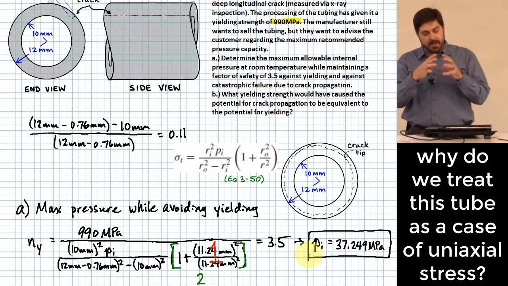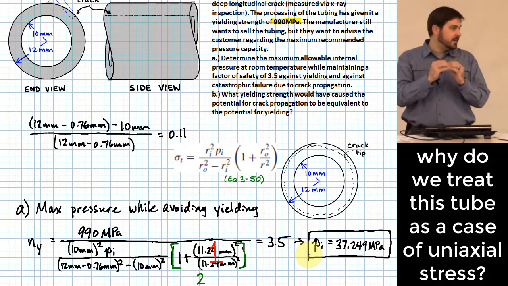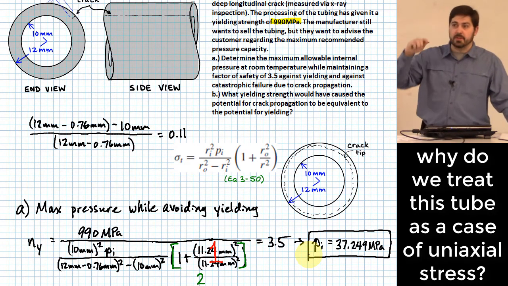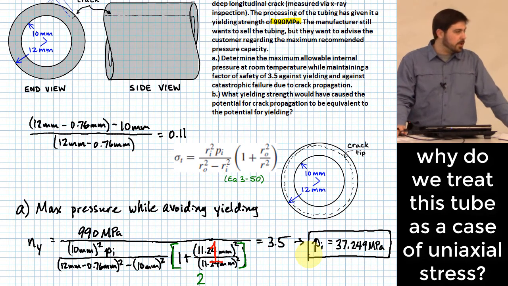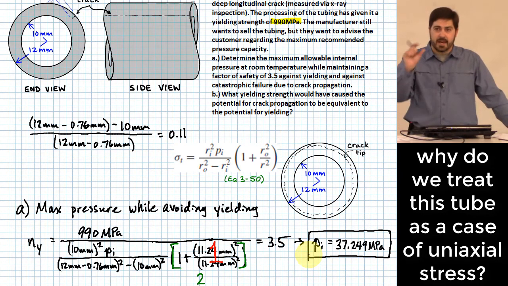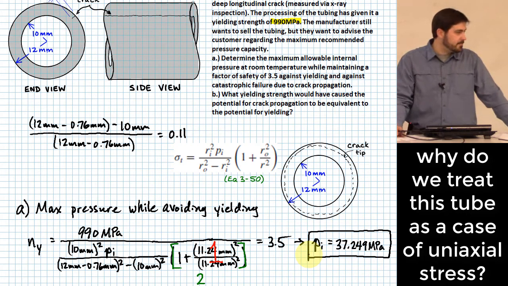And when there's a presence of a crack there, the stress at the bottom of that little crack, you really probably don't need to think about the other components of stress as much as that stress that's in the tangential direction. Okay? That still may not be very satisfactory, but we're going to go with it anyway because it probably is going to give us a good enough evaluation of it.